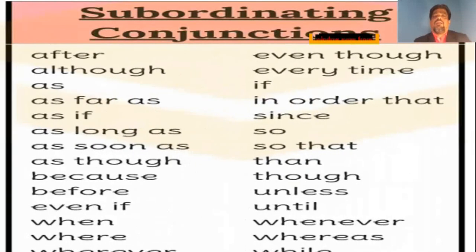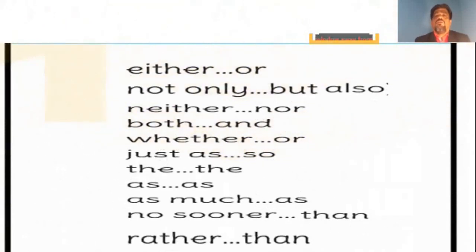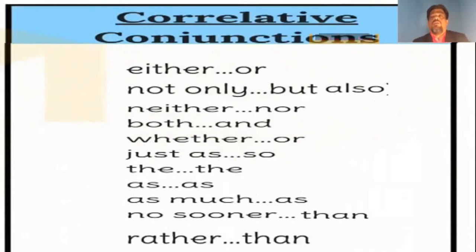Instead of subordinating conjunction, I may speak about correlative conjunction first, and later I will talk about subordinating conjunction. Because it is easy to remember in the way I tell you, I will tell you why I spoke about correlative conjunction before subordinating conjunction. So first we have coordinating conjunctions, the seven fanboys conjunctions: for, and, nor, but, or, yet, so.